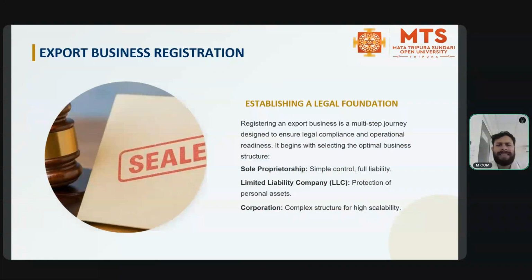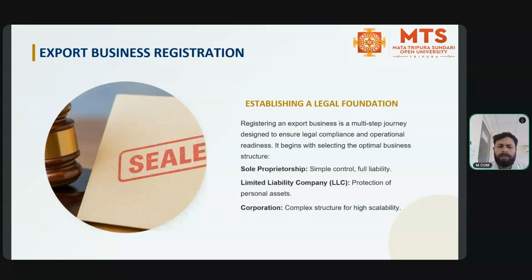First, export business registration. Establishing a legal foundation. Any business, when it starts, needs to be registered under different structures. Like if it is a sole proprietorship, you can register. If it is a corporate business, then its structure, functionality, and legality are different.